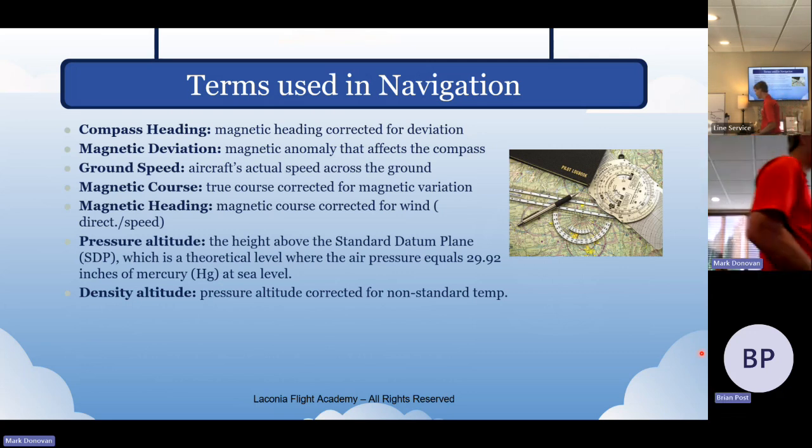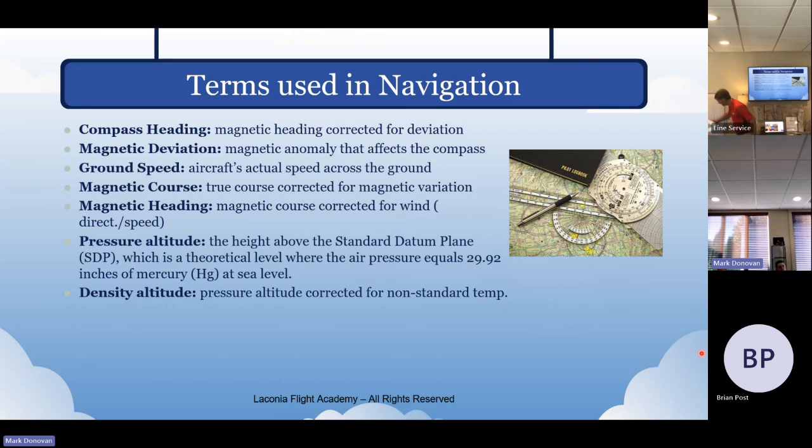I'm going to draw another picture on the board here of density altitude. I don't know if I have a good picture of it. I hope I do, but I don't think I have this picture. If we just draw one column of air, and this is sea level right here, on a perfect day, 29.92 inches and 15 degrees Celsius.